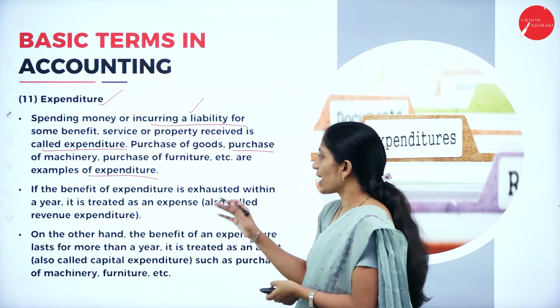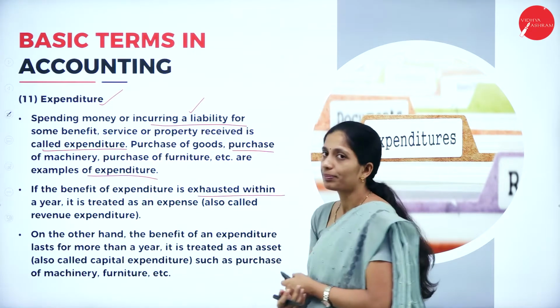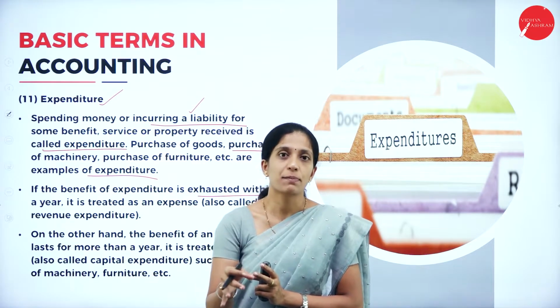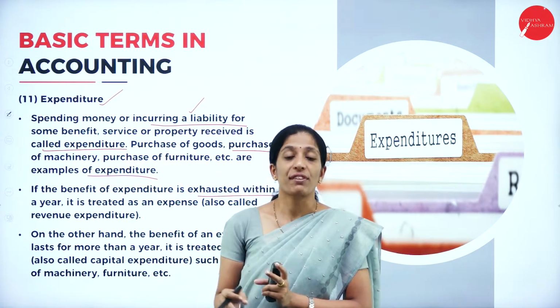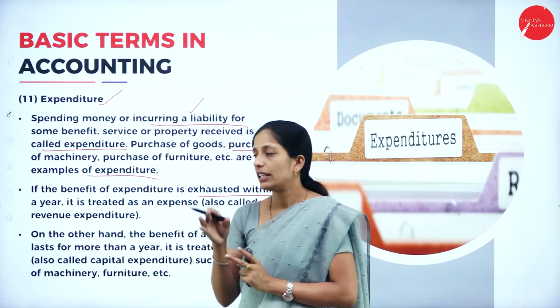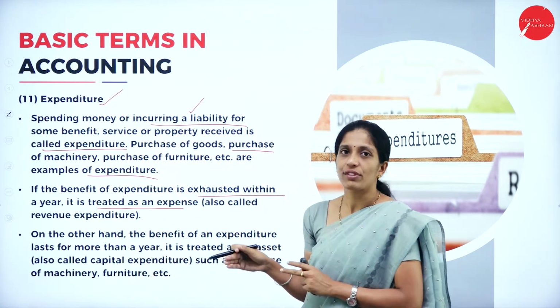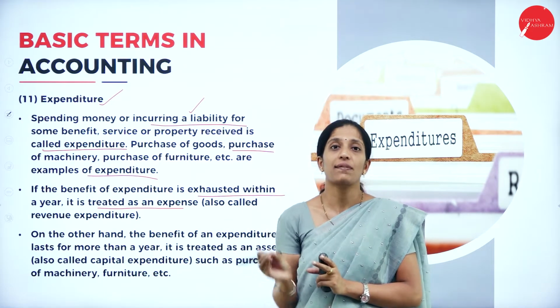If the benefit from which the expenditure was incurred is exhausted within 1 year, then it is termed expenses, also called revenue expenditure. Revenue expenditure is nothing but expenses where the benefit is exhausted within 1 year.